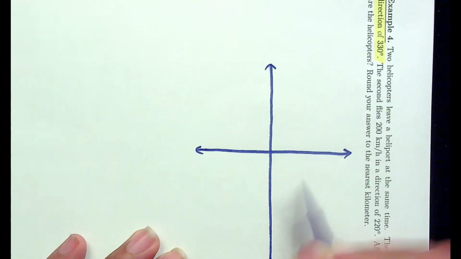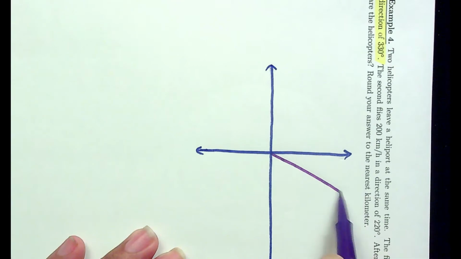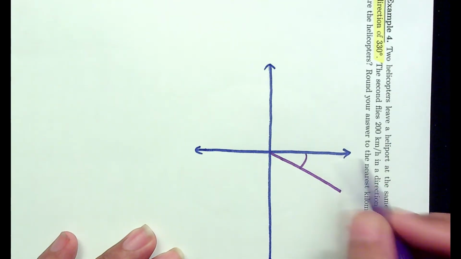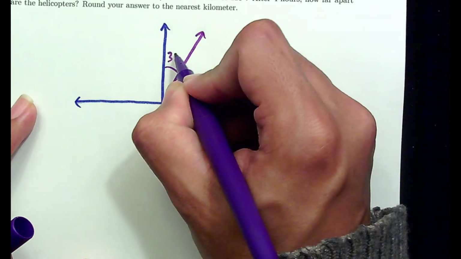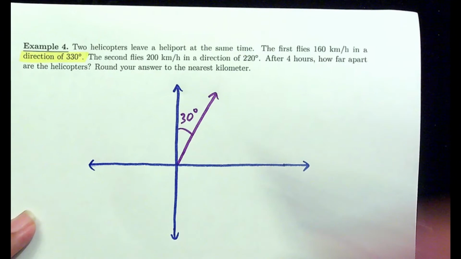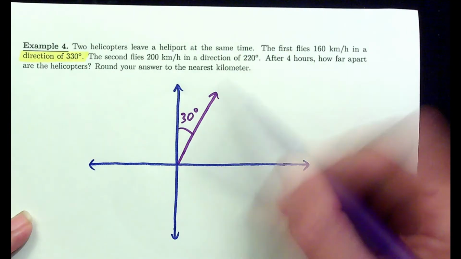So I'm going to draw, and it doesn't have to be perfect, something like this where you have 30 degrees here because I'm short of 30 degrees to complete 360. So let's say this is 30 degrees. I need that to complete a 360. So that means that the first helicopter is flying in this direction.